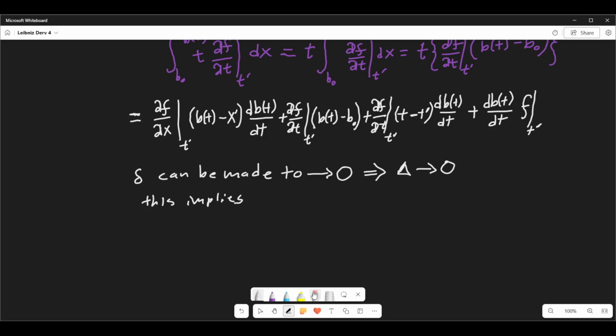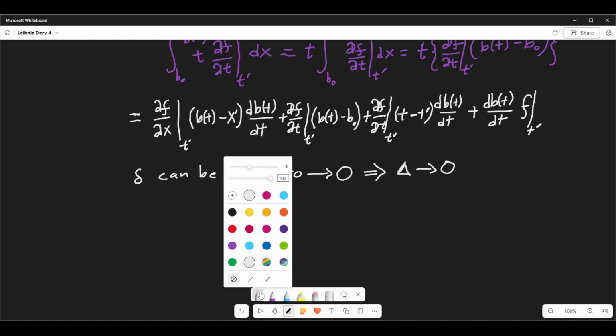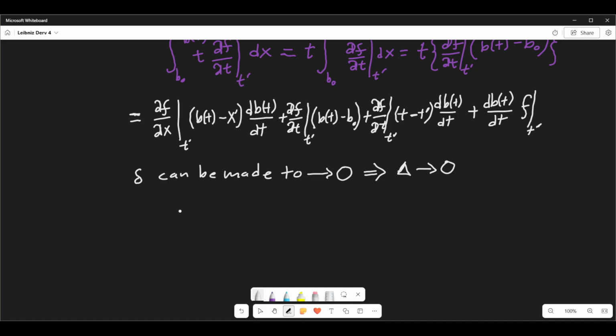Furthermore, t naught is less than or equal to t, which is less than or equal to t naught plus delta.